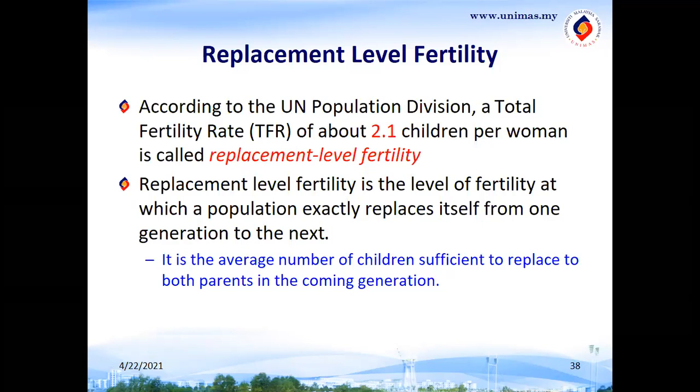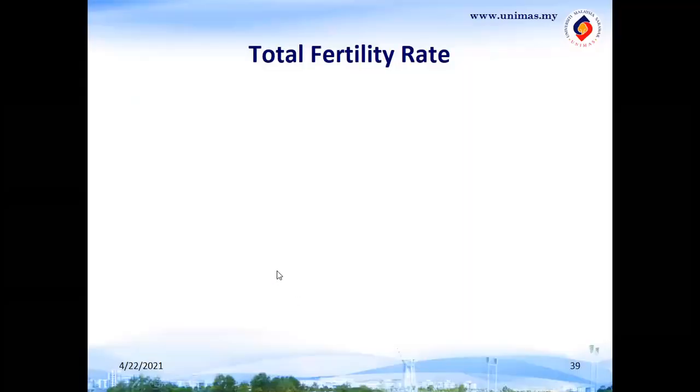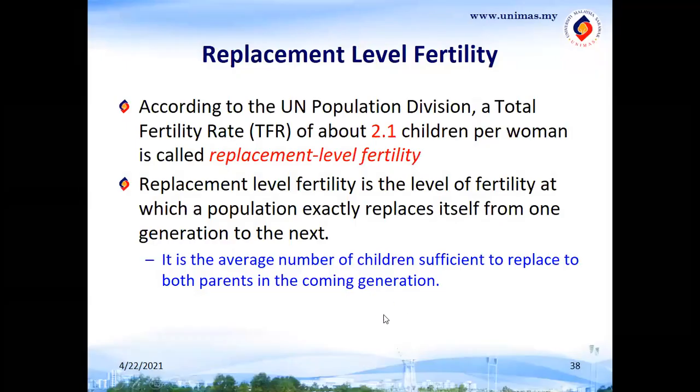Adik-beradik lah maksud saya. In the coming generation, right? So at least 2 orang. Kurang daripada itu, you have problem, ya, in terms of maintaining the population. Itu the concept of replacement level tadi.